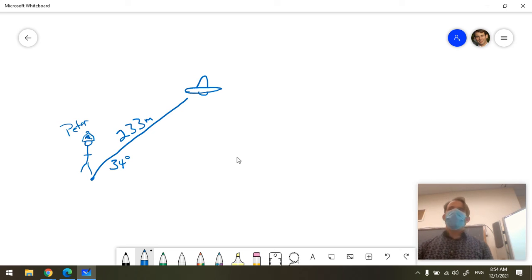Someone else is looking up at a different angle, and they notice the distance is what? Well, we could use my favorite number. Let's say 144 meters. They're looking up.